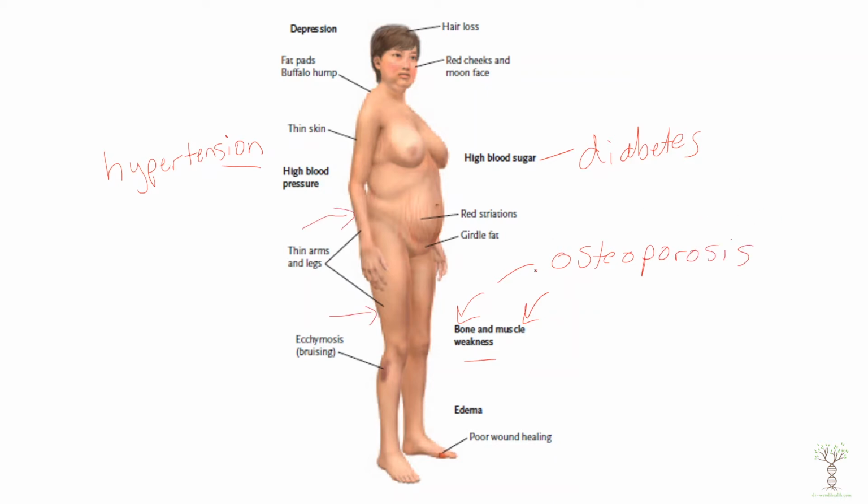And it causes a redistribution of body fat so that more fat is stored in the visceral area or the belly region compared to the limbs. And people that have Cushing's or take glucocorticoid medications can have an increase in fat deposited in the upper back region called a buffalo hump, and sometimes they form like a moon face.